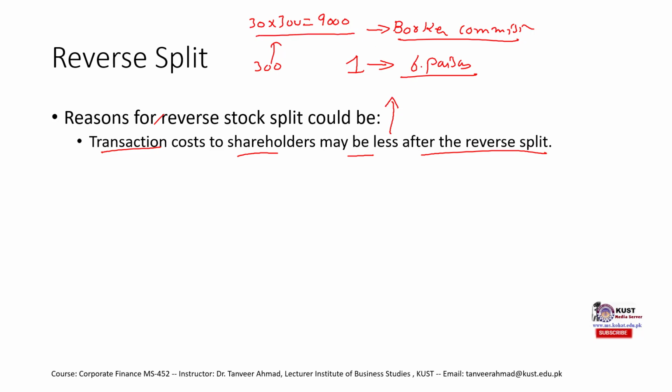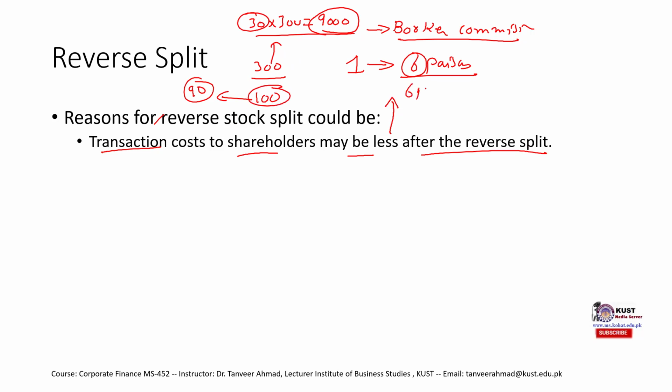So previously if the share price was 30, the broker commission per share would be 6 paisas. So 6 paisas multiplied by 300 would give us the number of paisas that we would have to pay. But now, if the number of shares is reduced after reverse split, for the same investment the price would also increase. Say for example, now the price is 90. So for the same investment, we can only buy 100 shares.